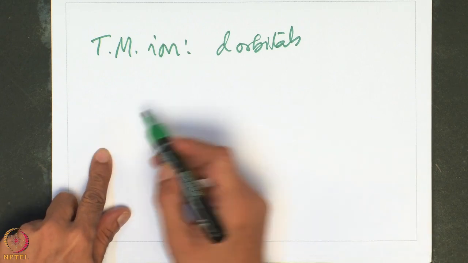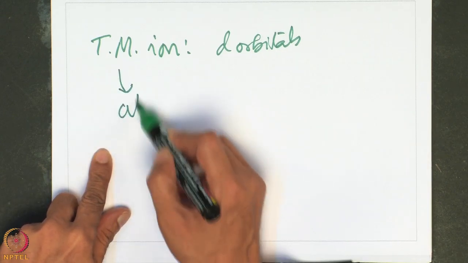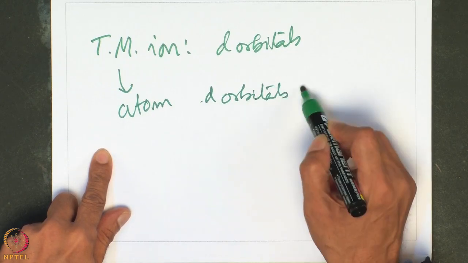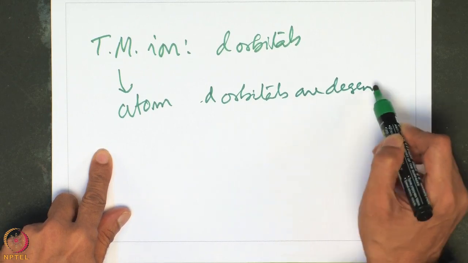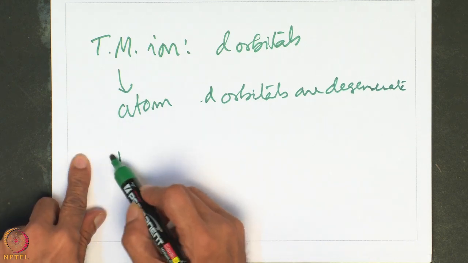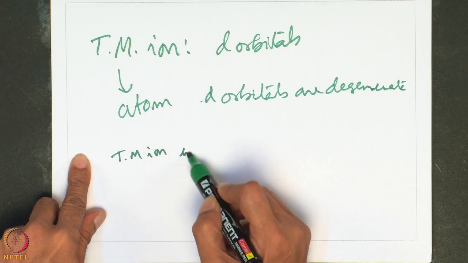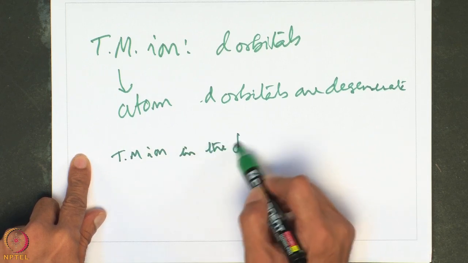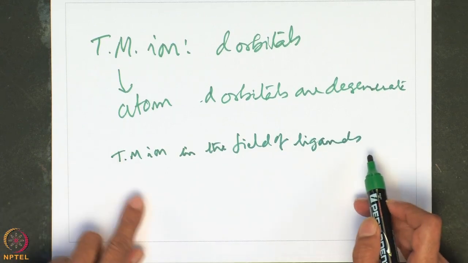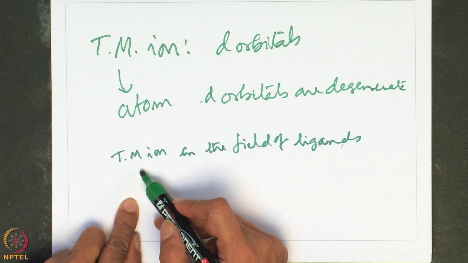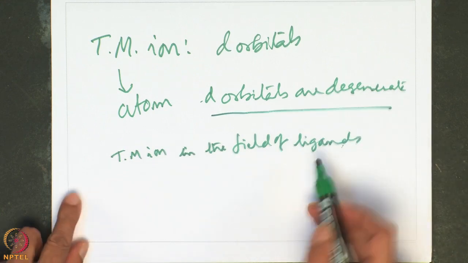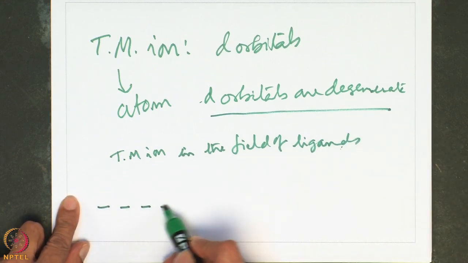In an atom the d orbitals are degenerate. But when you put the transition metal ion in the field of ligands, the field of ligands will influence the transition metal ion and split the d orbital energy levels, which had equal energy.